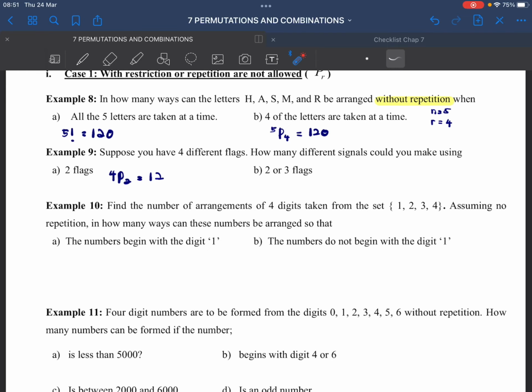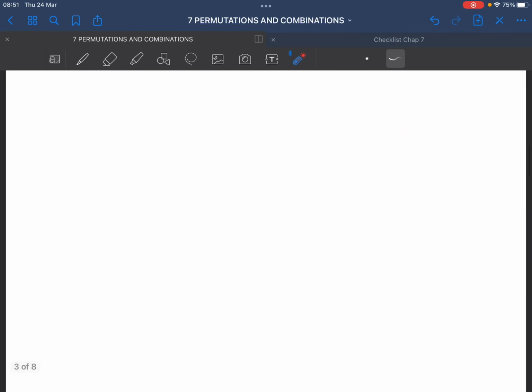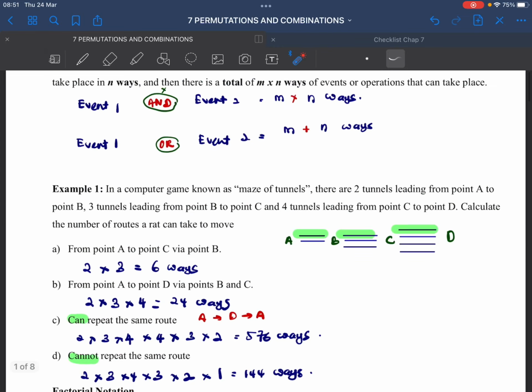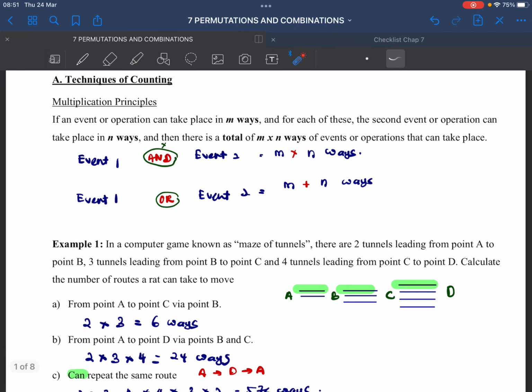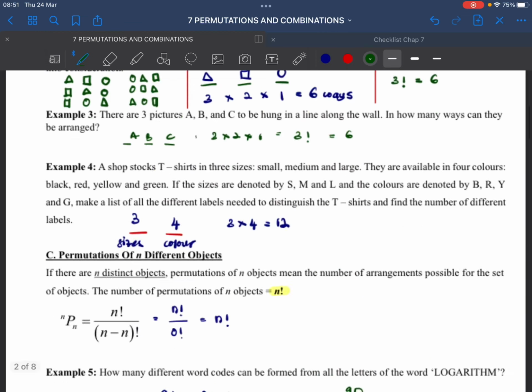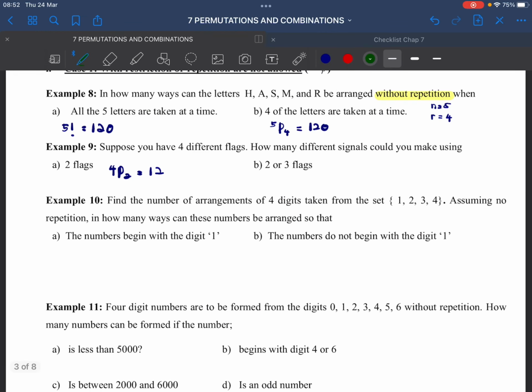Okay, so what did we say at the first of this video? If AND, multiply; if OR, add. So the question said 2 or 3 flags. OR here will represent plus.